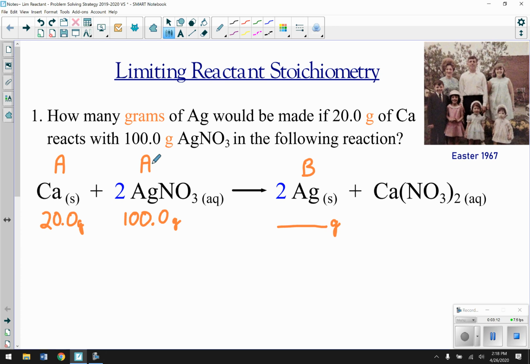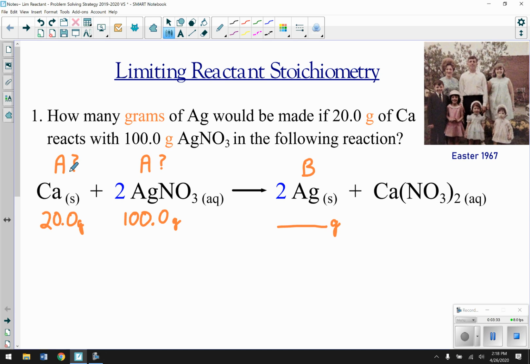Oh, now you see the difference in a limiting reactant type problem. We really don't know which one of these, which A, we should use to calculate the amount of silver we would make here. Well, if you think back to the definition of a limiting reactant, we use the limiting reactant in stoichiometry.